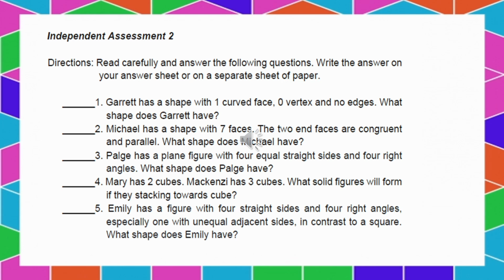Number 2, pentagonal prism. Number 3, square. Number 4, rectangular prism. And number 5, rectangle. Write your score. If you got 4 or 5, good job because you passed this activity.